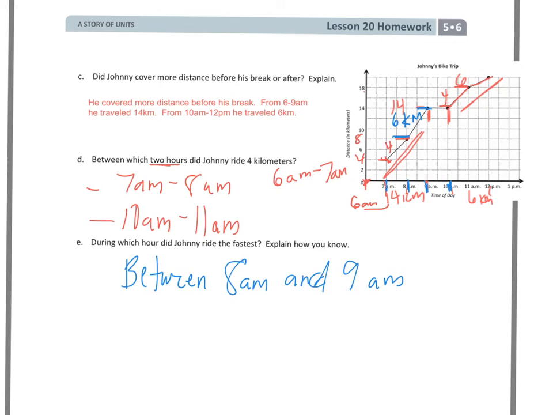And there's no other place where he traveled 6 kilometers. He traveled at most 4. So 6 kilometers is telling me that that's the fastest he rode because he covered the most distance in 1 hour. So that would be my explanation.